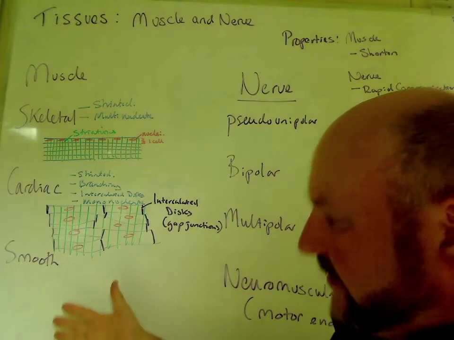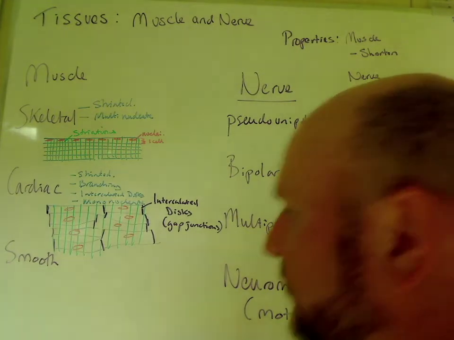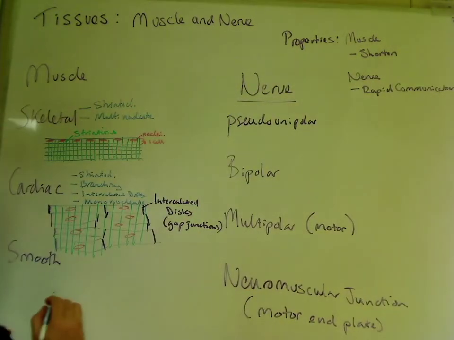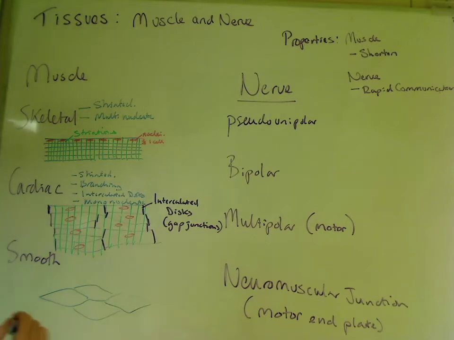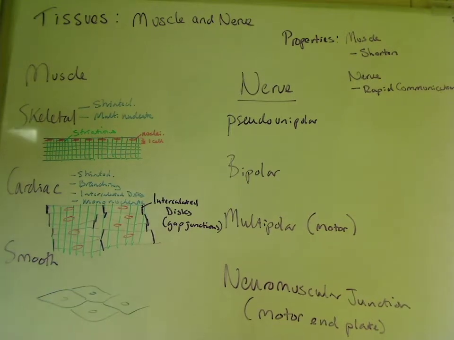Now comparing that with smooth, smooth muscle has an almost diamond-like shape to it. Like that. And again, they're mononucleate, but this time they don't have striations.